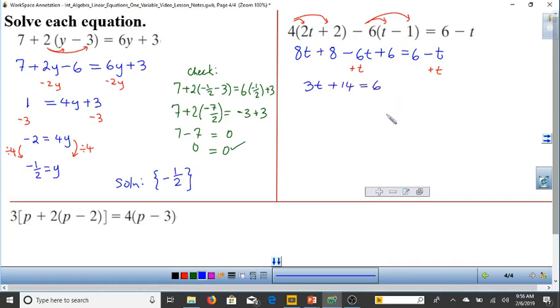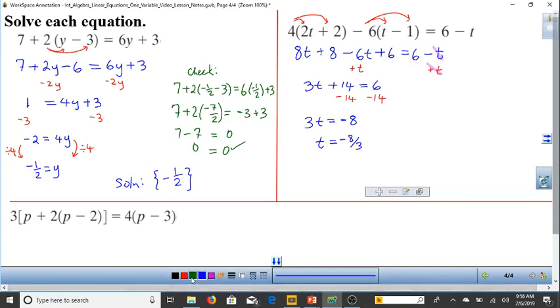And then the 6 is remaining on the right side because when I added t to both sides, the negative t got canceled. And then we're going to subtract 14 from both sides and then divide by 3 because we're doing reverse PEMDAS. So this gives me negative 8. And when I divide both sides by 3, I get negative 8 thirds.